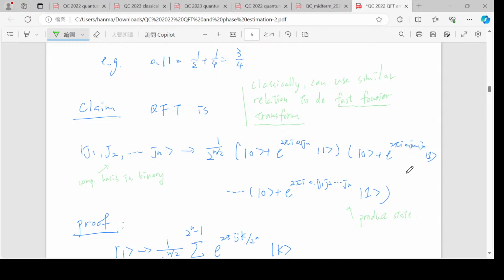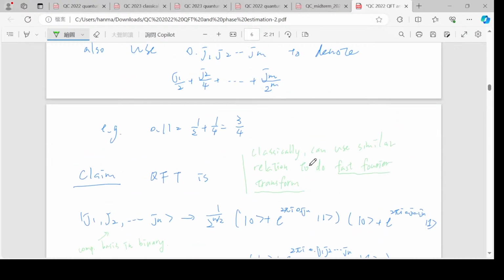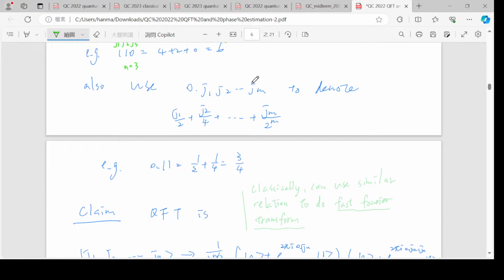So we see that you have a computational basis state, j1 to jn, as the input to your QFT, and you apply QFT on this, then you get this interesting product state. So the first qubit will be 0 plus 1, with 1 having a phase e to the 2 pi i 0.jn. And remember, 0.jn is this notation, 0.j1 to jn.